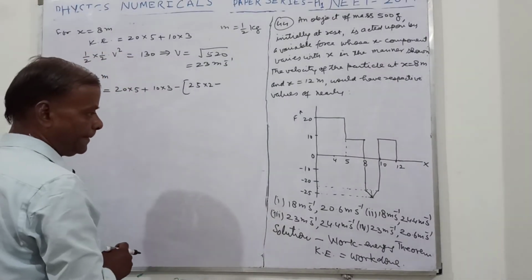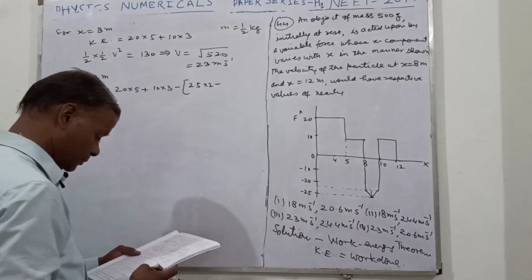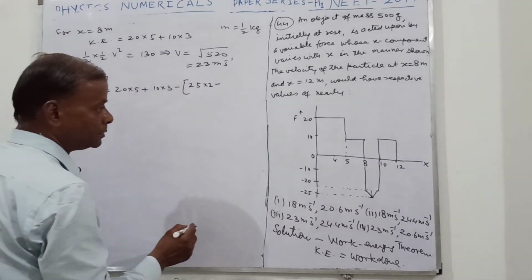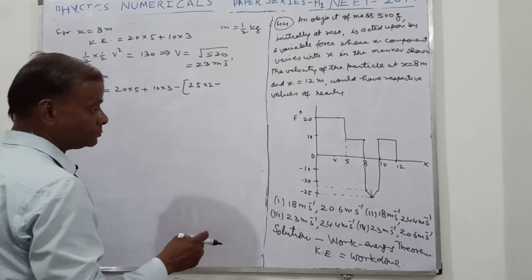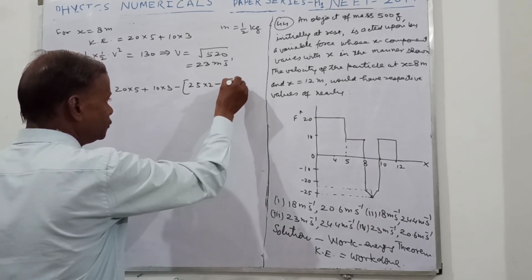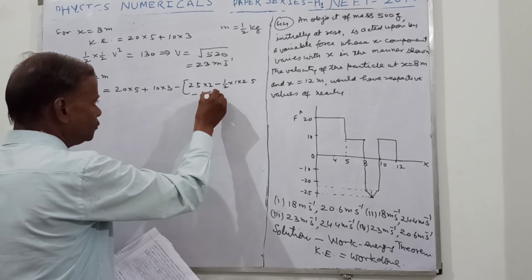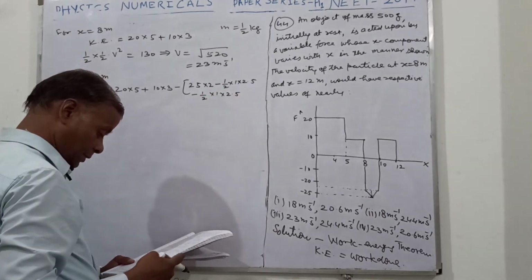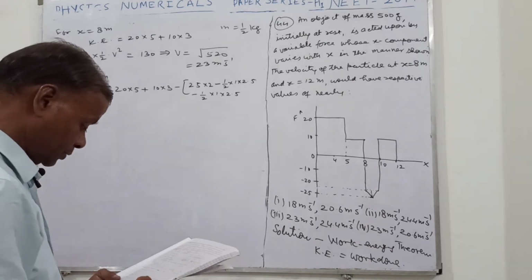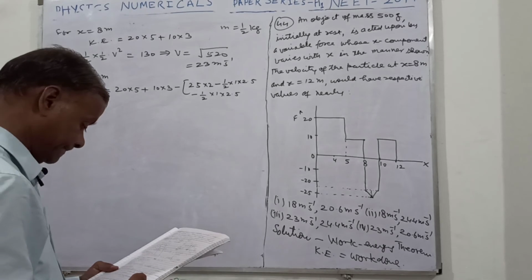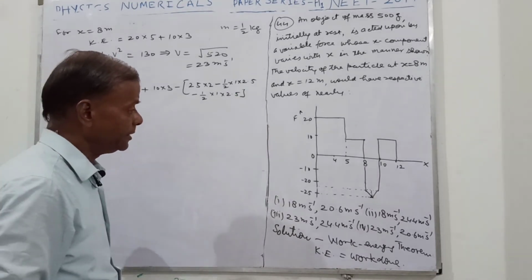That I can make it. This is now 2.5. This is your 1 by 2 into 1 into 2.5 minus 1 by 2 into 1 into 2.5 and then this so much is to be taken. So how we have to find this?